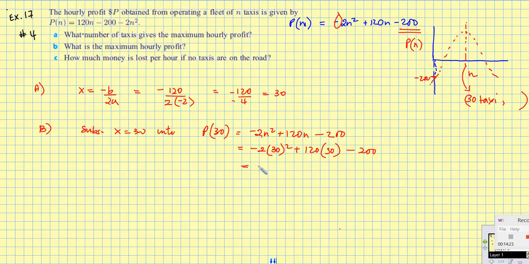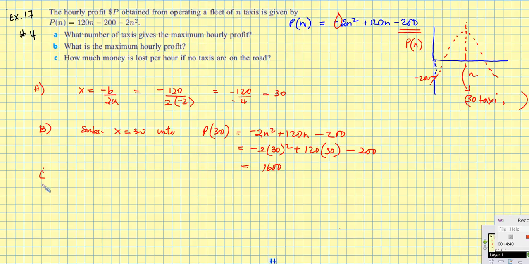And we end up getting as a final answer $1,600. So that's the amount of money we would be getting, $1,600 profit with 30 cabs.